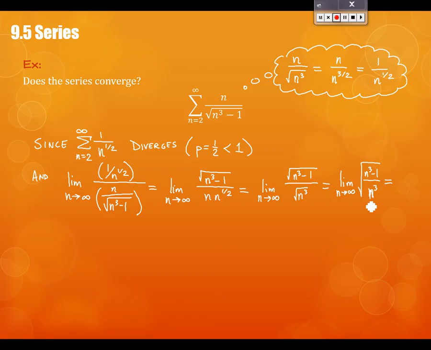If this function approaches 1, then the whole thing approaches the square root of 1, which is 1. Are we convinced that we did the job? This is 1, which means that they grow at the same rate relative to one another, which means that if one of them does one thing, then the other does too. So what's our conclusion here?